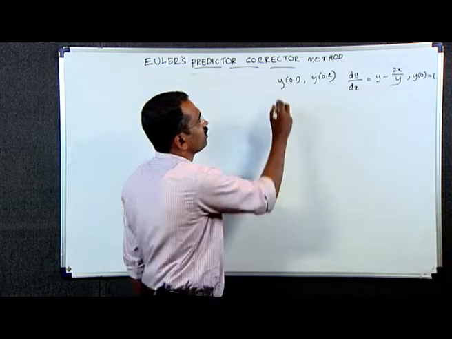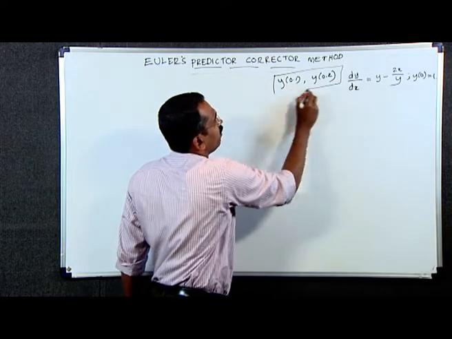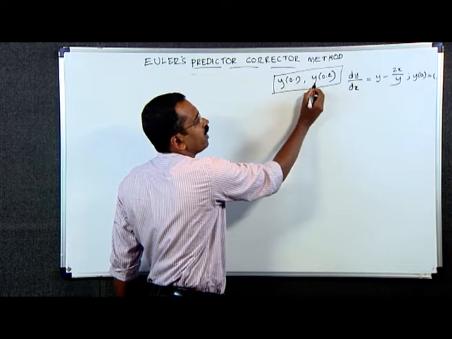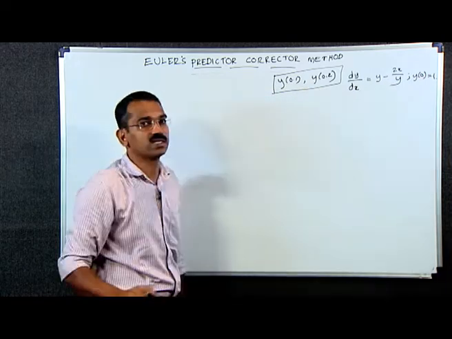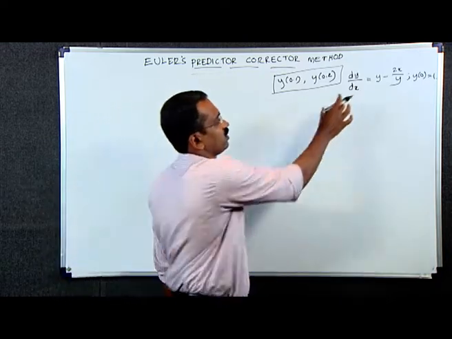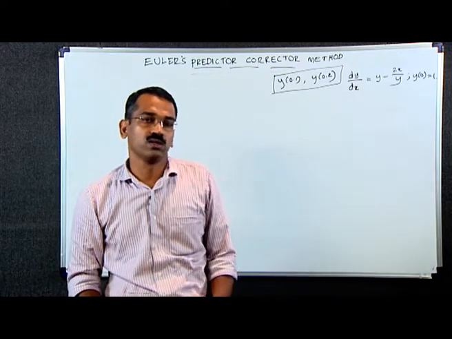We want to find the values of y of 0.1 and y of 0.2 using Euler's predictor corrector method for this differential equation.